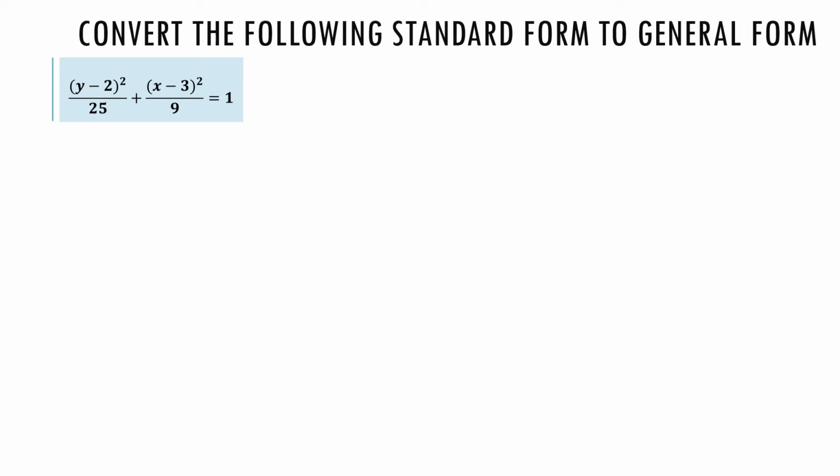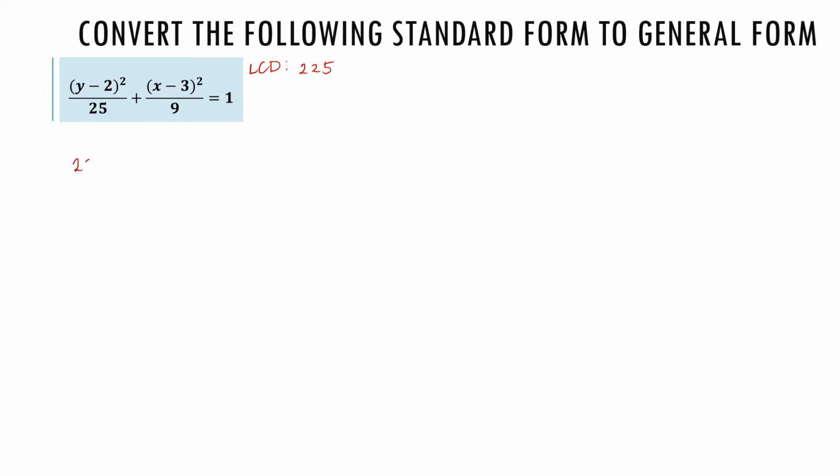Now, let us go to converting standard form to general form. We have the standard form of the ellipse (y minus 2) squared over 25 plus (x minus 3) squared over 9 equals 1. Our first goal is to eliminate all the denominators. To do so, we multiply everything by the LCD. What is our LCD? Yes, 225.